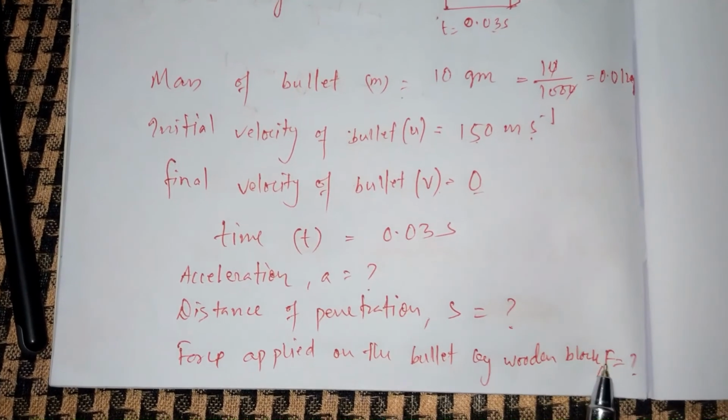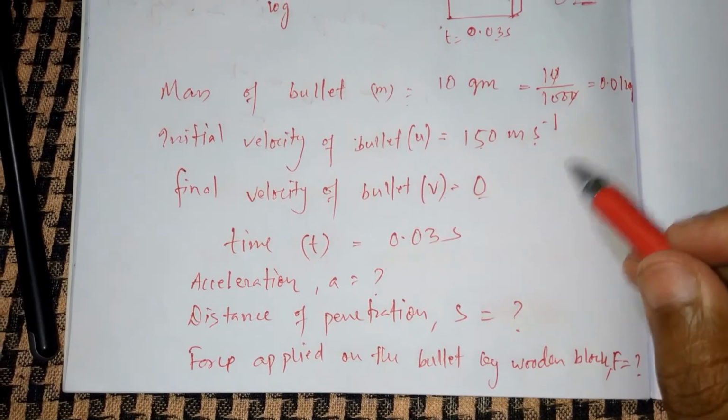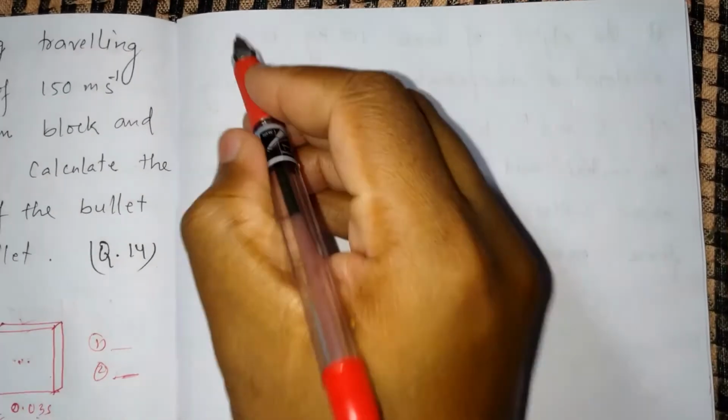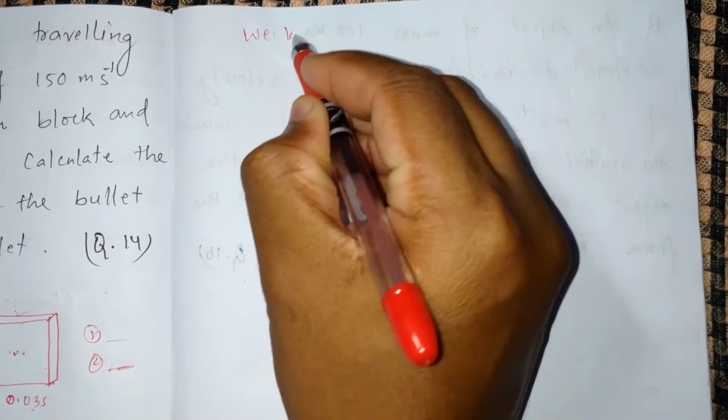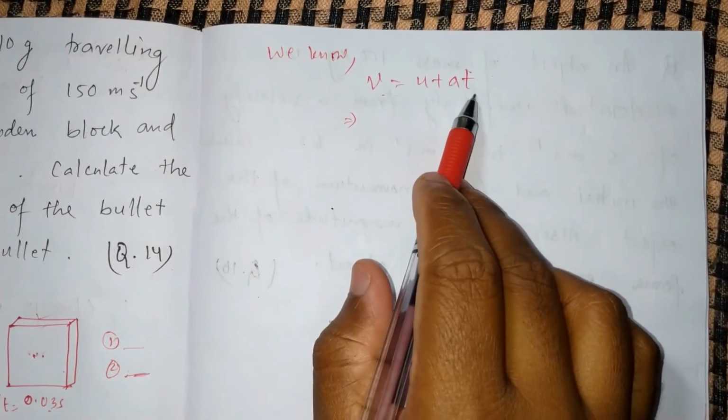So let's find the acceleration. We know this is the first law of motion, v = u + at.